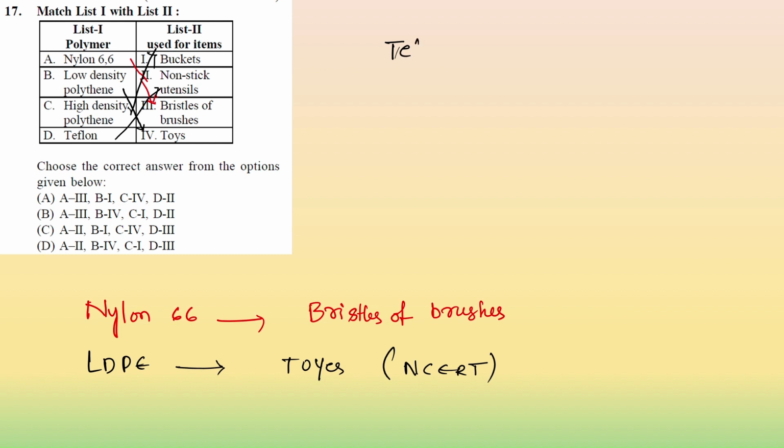So high density polythene is used to prepare buckets. So option B is correct.